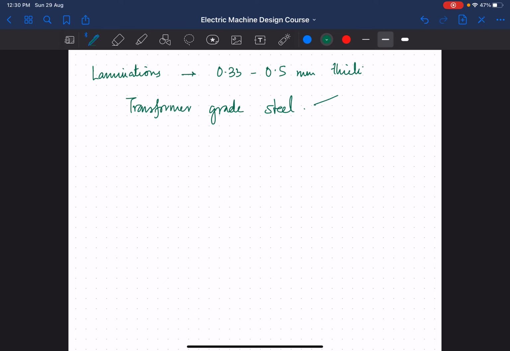And this is either hot rolled or cold rolled. We have studied these two types in the previous lectures.